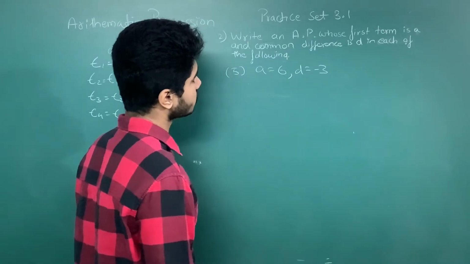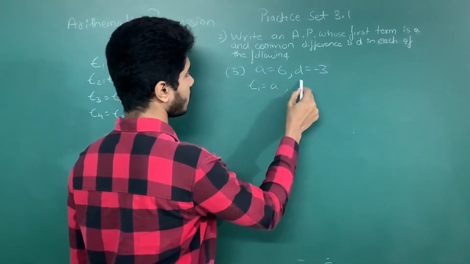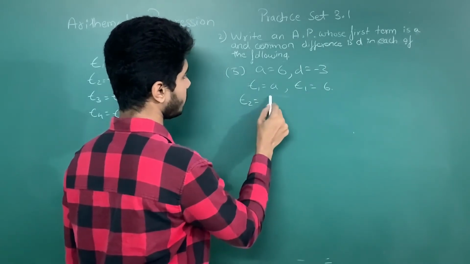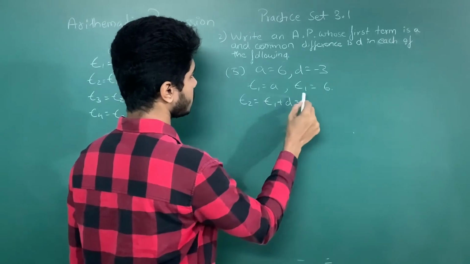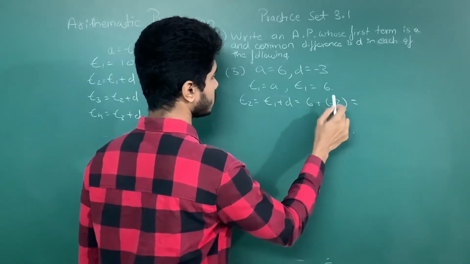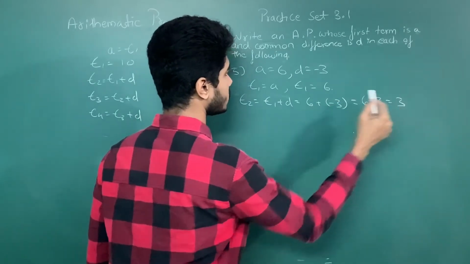Fifth question, A is equal to 6 and D is equal to minus 3. So we'll write T1 is equal to A, therefore T1 is equal to 6. So the value of T2 will be T1 plus D. So it will be 6 plus minus 3. So the plus and minus will change to minus, which we get as 3.